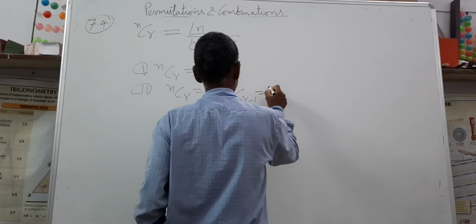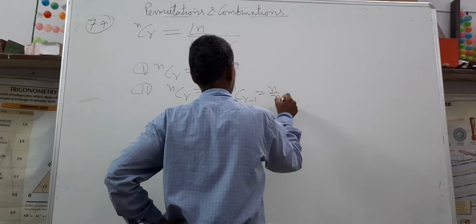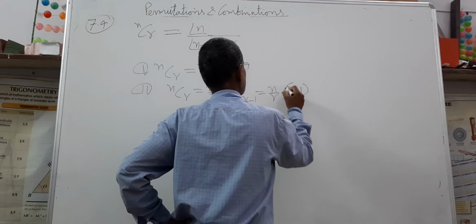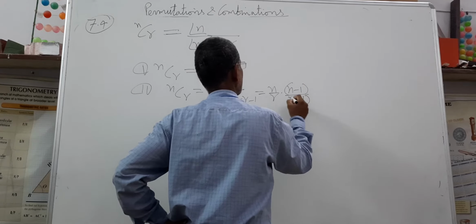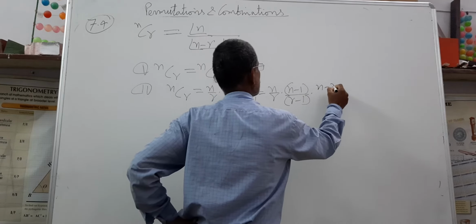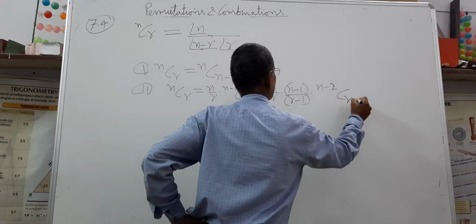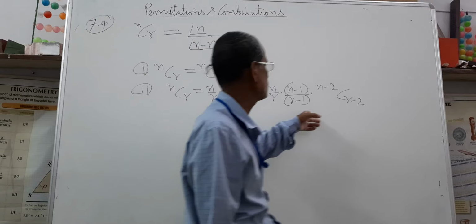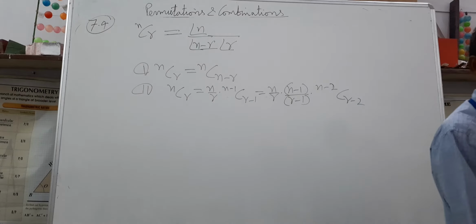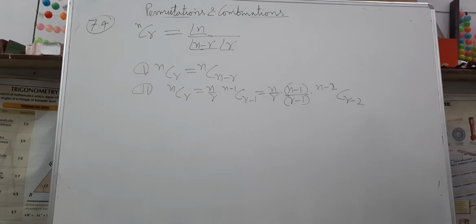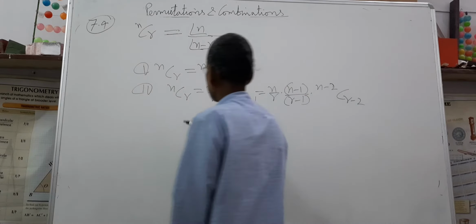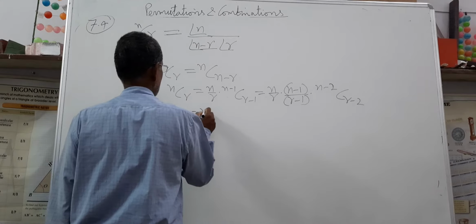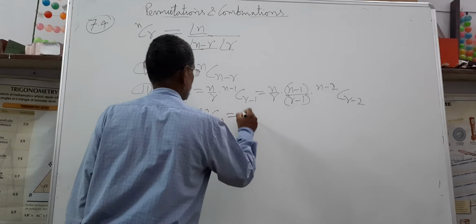This can also be written as N by R into (N minus 1) upon (R minus 1) into (N minus 2)C(R minus 2). We can extend this up to C0. NC0 is equal to NCN is equal to 1.